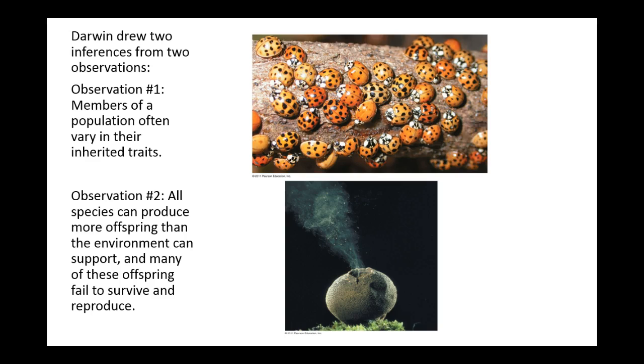And then the second observation is that all species produce far more offspring than the environment can support. And that means that some of those offspring are not going to survive. And this is where the concept of survival of the fittest has come in. So far more offspring than the immediate environment can support.